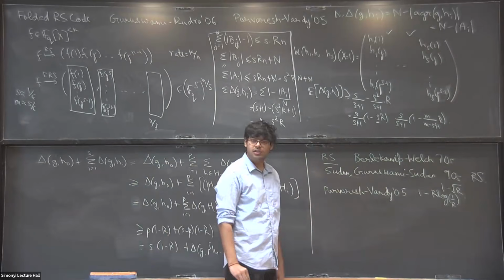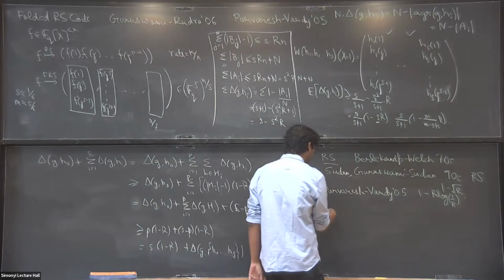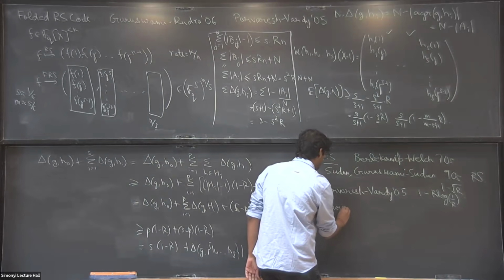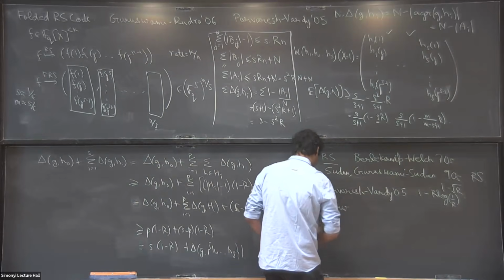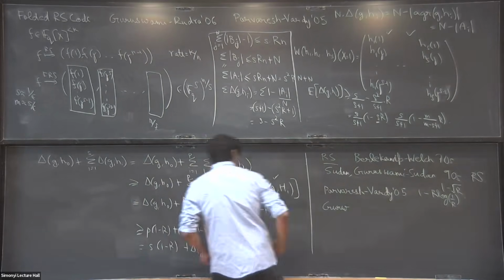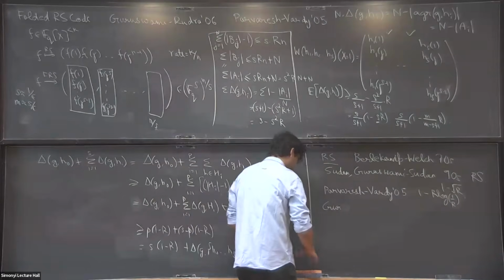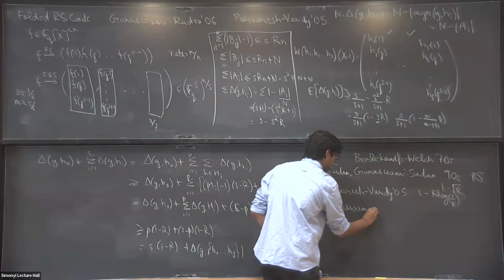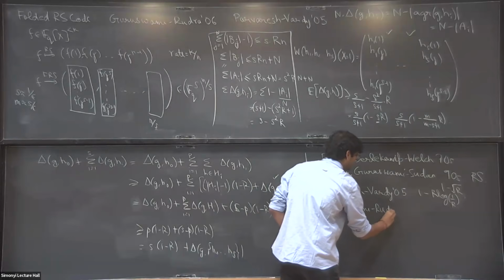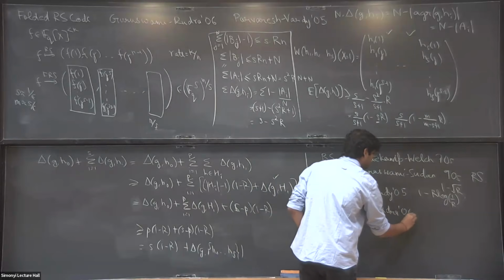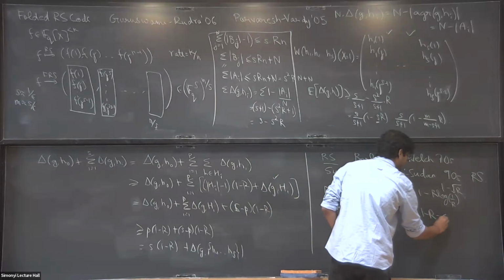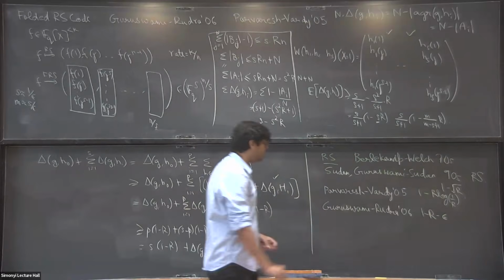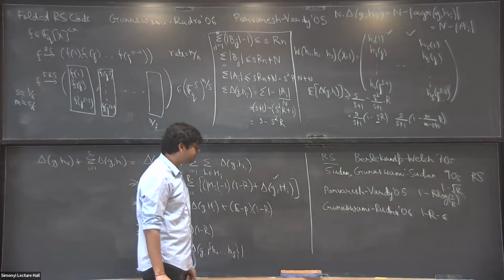It would approach 1 minus R. And then Guruswami and Rudra in 2006 gave the folded Reed-Solomon codes, where you can get arbitrarily close to 1 minus R.